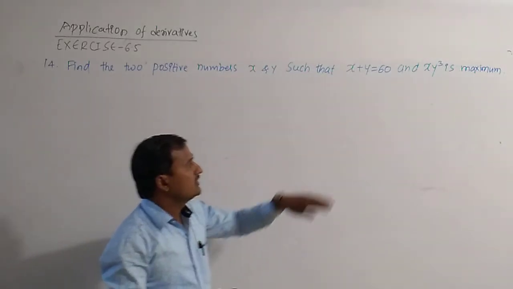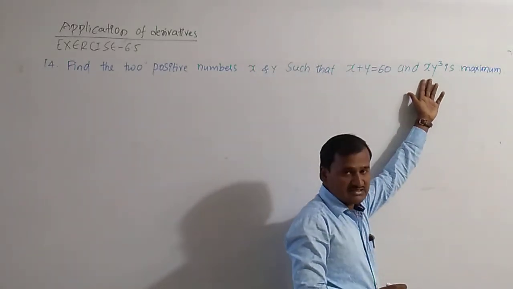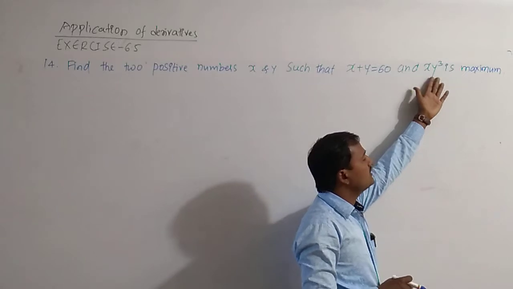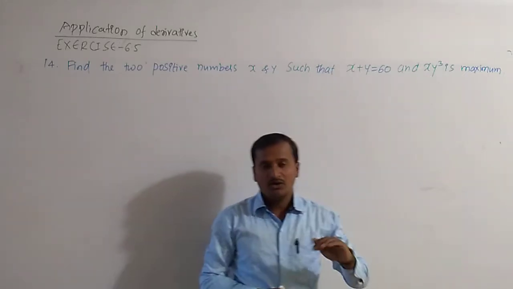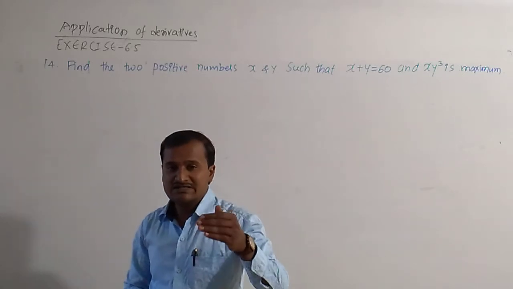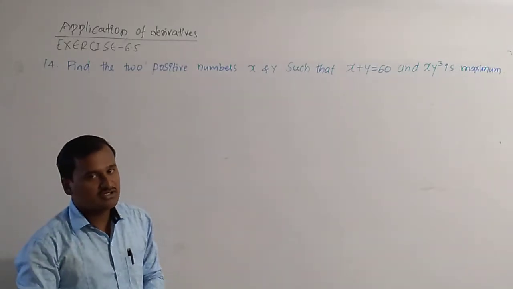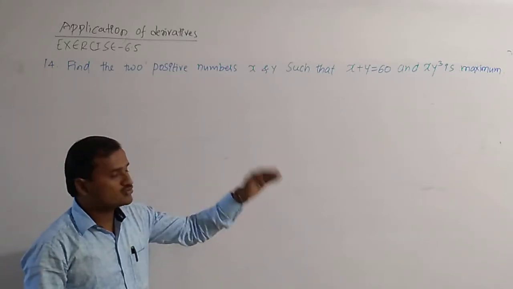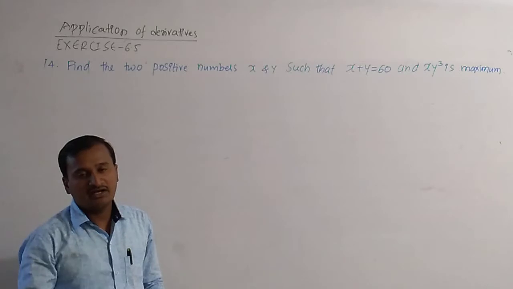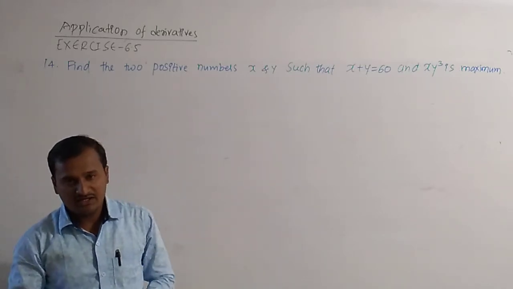So here we should prove that this is maximum. This is maximum means the product of x and y has a second derivative less than 0. By using the second derivative test, you should take the second derivative of the product of those two numbers, and it should be less than 0.